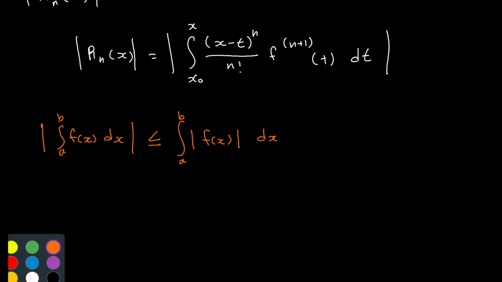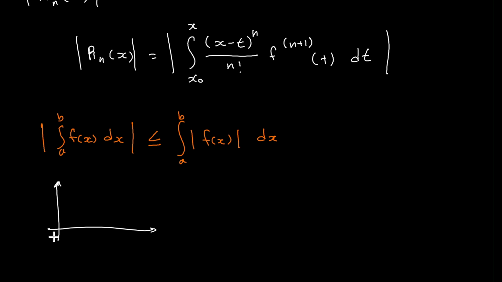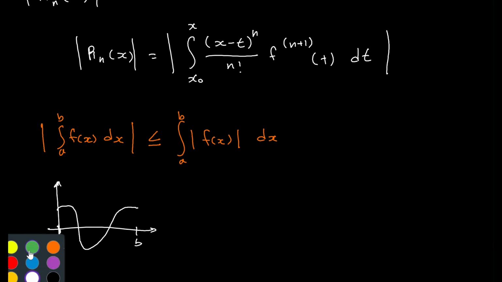Let's say you have a graph, where f of x is an x, and this is your function, going from a to b. Your positive area is going to be here, so you sum that up, and then you subtract your negative area from that. If it dips below the x-axis and then goes above, there's going to be some canceling out that ultimately reduces the absolute value of the area.